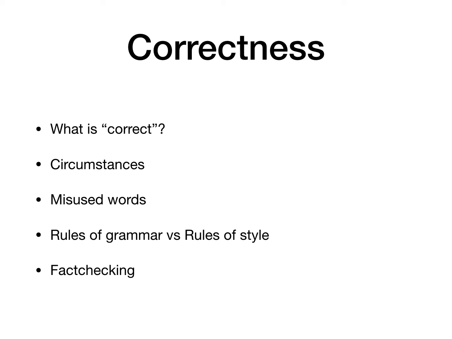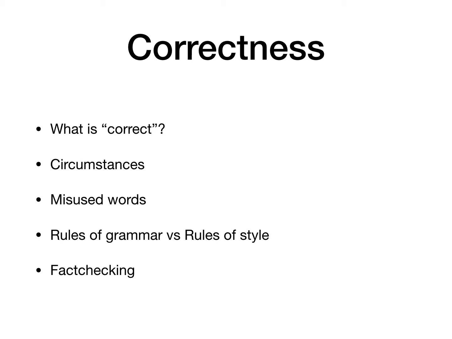We also need to know the difference between applying the rules of grammar and the rules of style. Again, the rules of grammar, while not static, are more static than the rules of style. So we've looked at a few style guides, and these style guides reflect the expectations of a certain audience, of course.